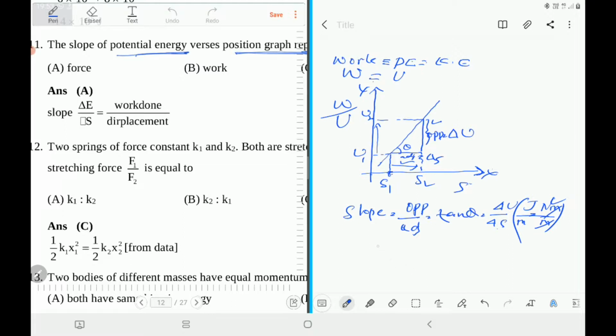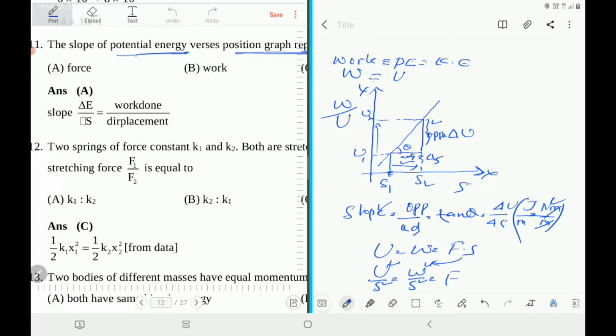Because what is energy? Capacity of doing work. What is work? Force into displacement. If I divide U by S or W by S, you are left with force. That's why ratio of work to distance or potential energy to distance is force. That is found by finding slope in work versus displacement graph.